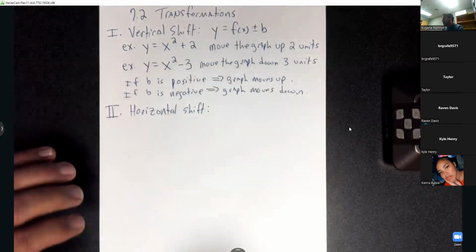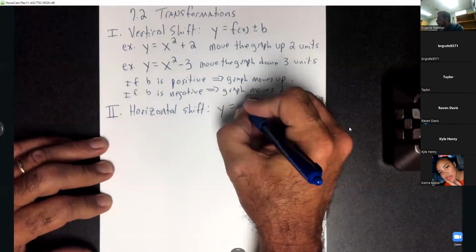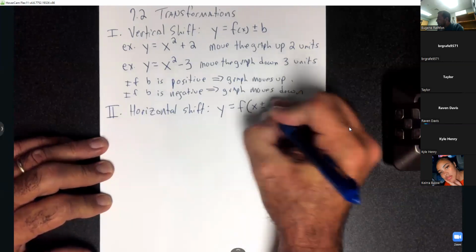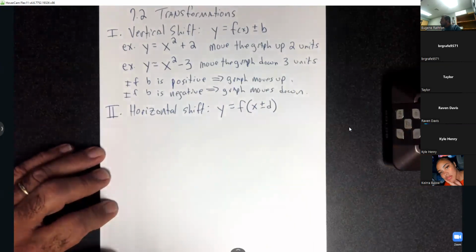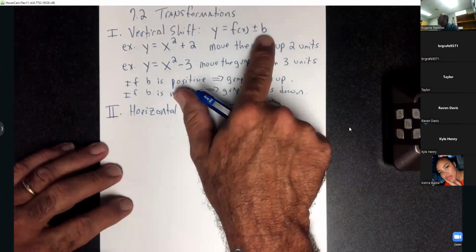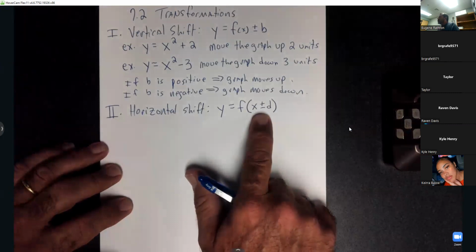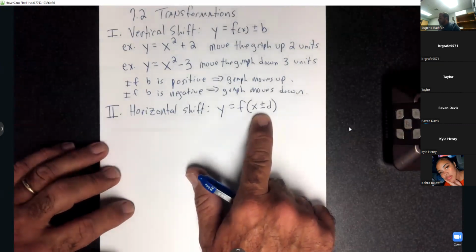Horizontal shift moves left or right. So that'll be y equals f of x plus or minus d. Notice the difference. Up here, you added or subtracted to the end of the function. Here, you're changing the x value of the function.